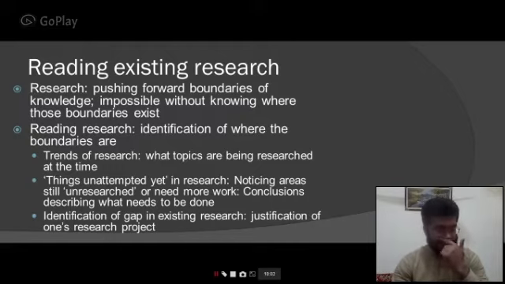Here I have talked about filling in gaps in the existing research, but contribution can be established in multiple ways, and I'll talk about it in my upcoming discussions.